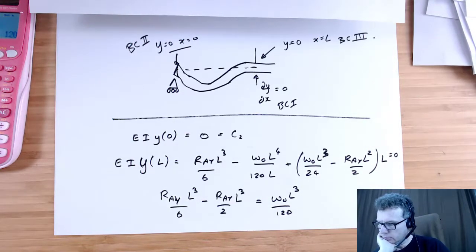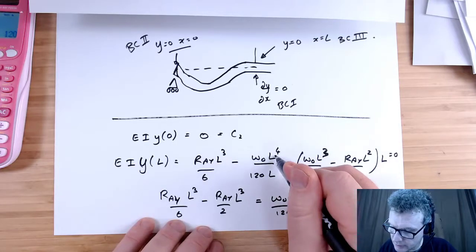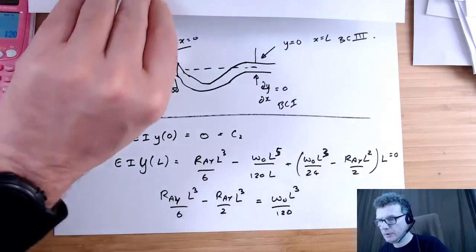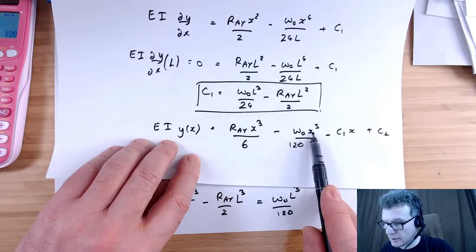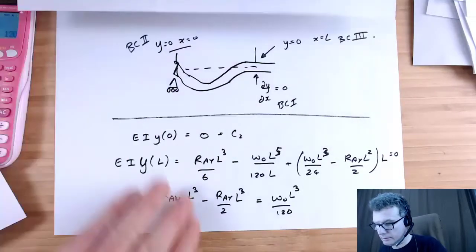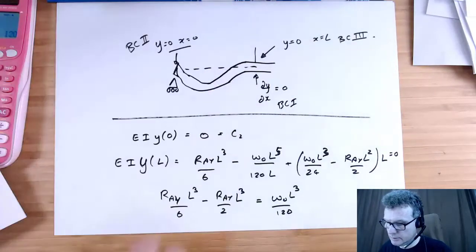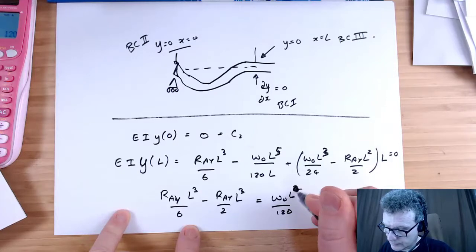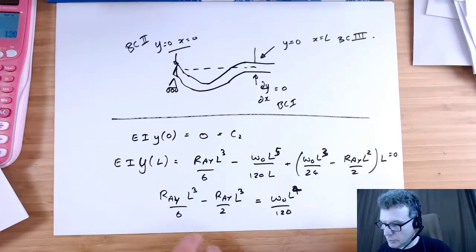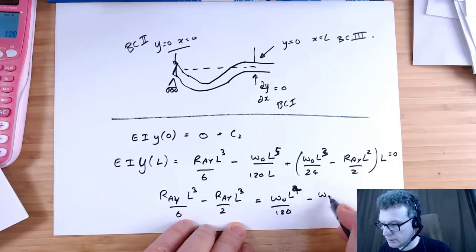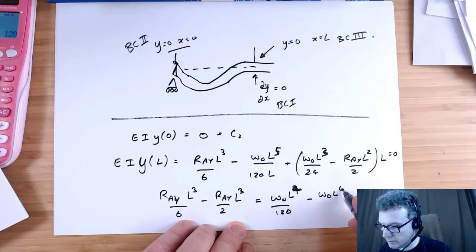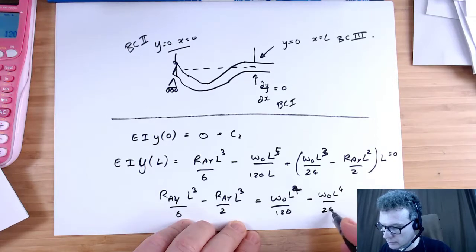Still not correct. Okay, too early in the morning, that should be to the power 5. Just writing things down incorrectly. So L to the power 3 and then L to the power 5, so that leaves me with L to the power 4. So take it over to the right hand side, minus W0 L to the power 4 over 24.